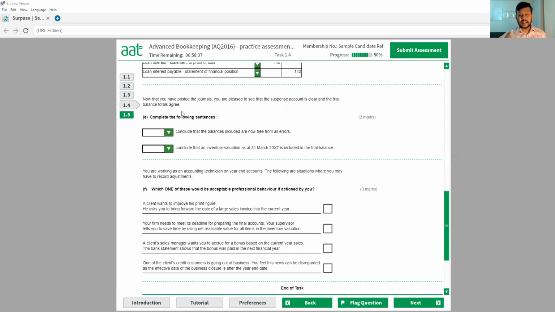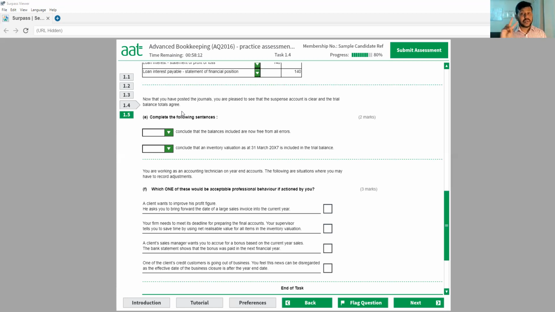Remember that even though the trial balance agrees doesn't mean the financial statements are free from any error, because we have two types of error. One type is where, because of the error, the trial balance will still be balanced. And there are other errors because of which the trial balance will not be balanced.